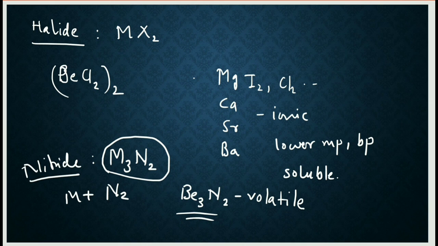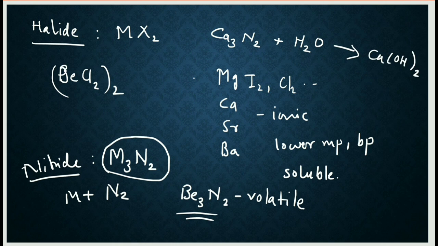It stands out in the alkaline earth metals. And calcium nitride, Ca3N2, is formed, and when calcium nitride is reacted with water, H2O, you will get calcium hydroxide. So there are chances to ask these reactions.